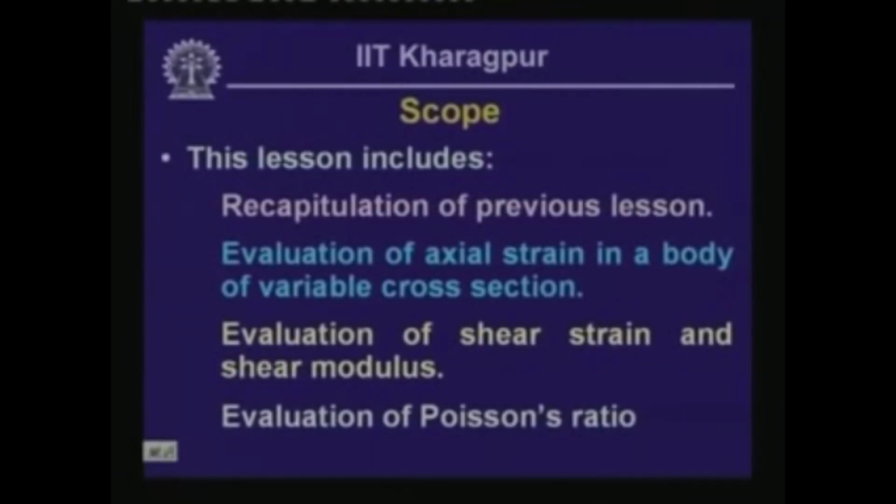Then the evaluation of axial strain in a body of variable cross section, evaluation of shear strain and shear modulus, and subsequently the evaluation of Poisson's ratio. We will see the meaning of Poisson's ratio and then its evaluation in a body which is subjected to loading and undergoing stresses.